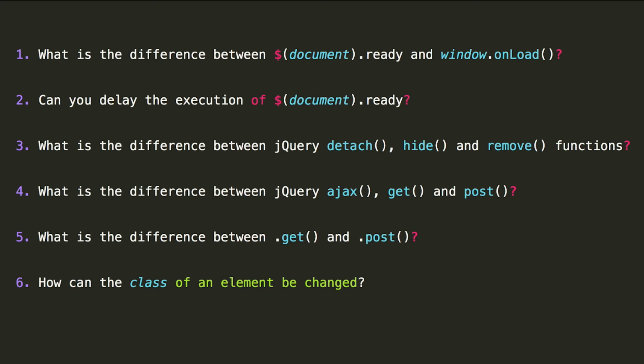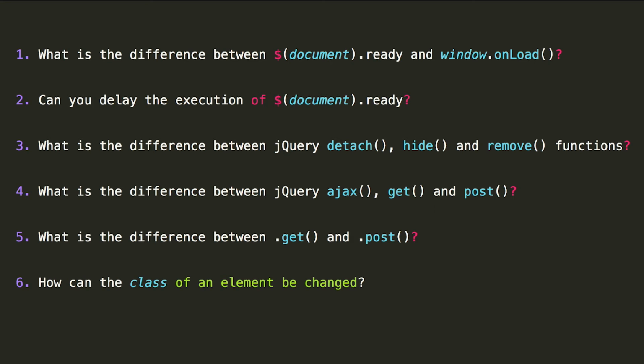Detach is kind of like remove. It removes it from the DOM, but it keeps all the stored data and events associated with the matched elements. You can actually reinsert an item that was detached into the DOM.